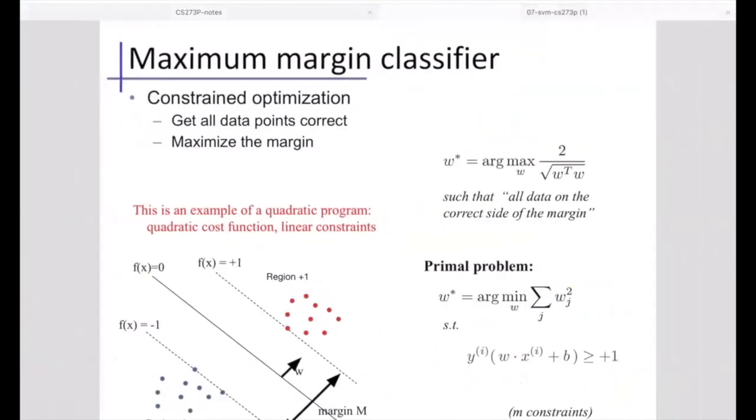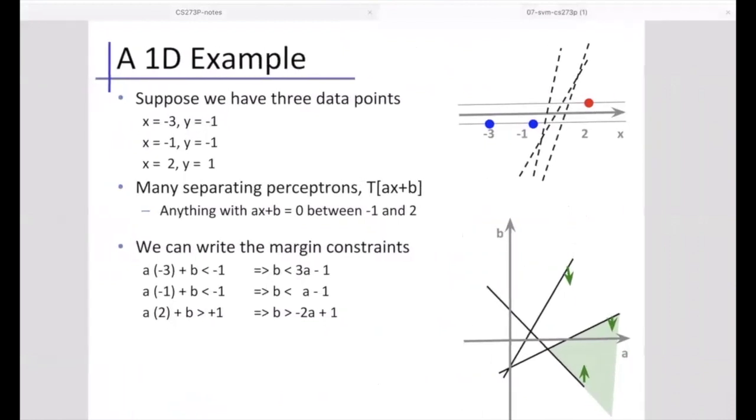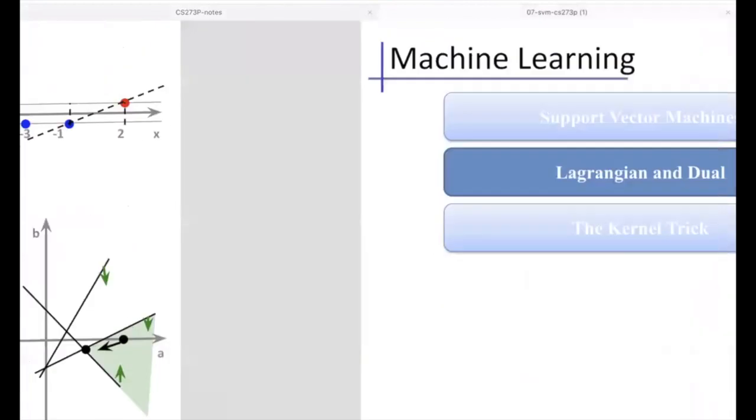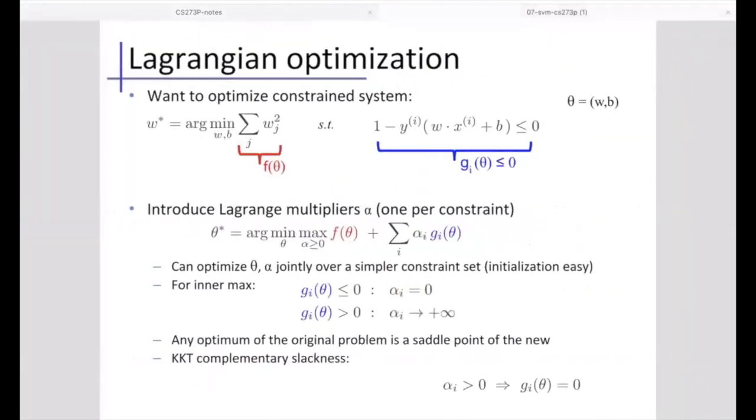So the way we're doing this is as follows. Now we're going to think about how to solve this problem. Let's review again. We have this objective function, the square norm of W, but we have this constraint here, which is the same as what I wrote down previously.